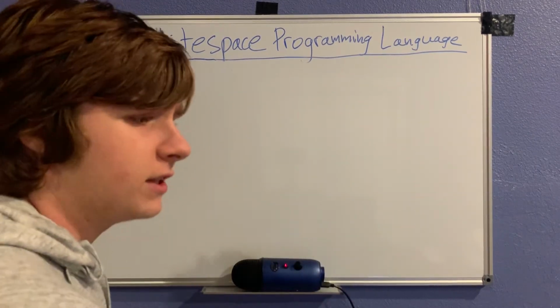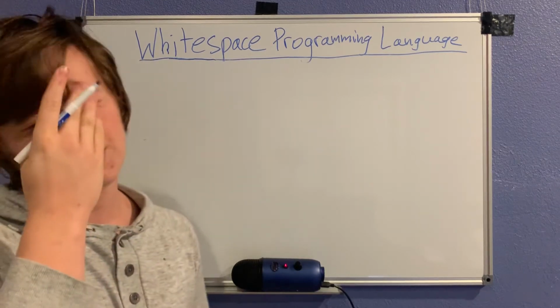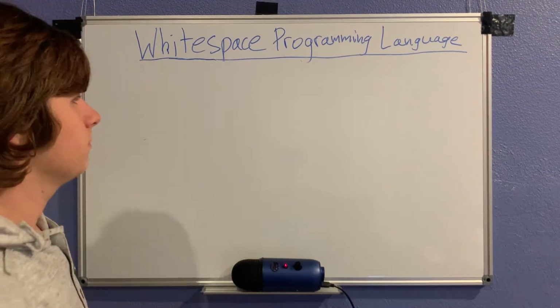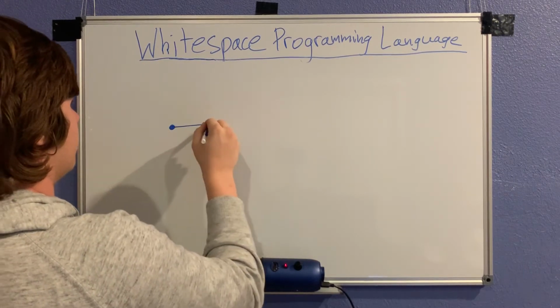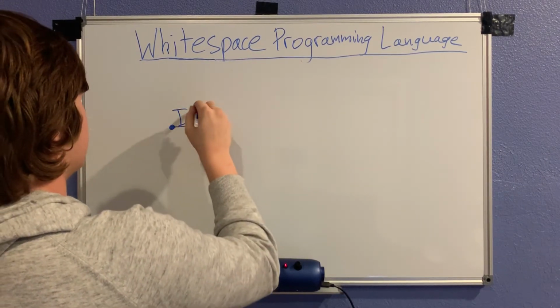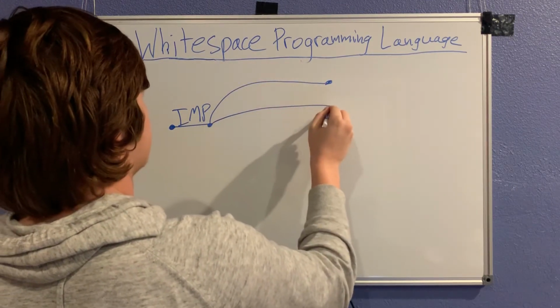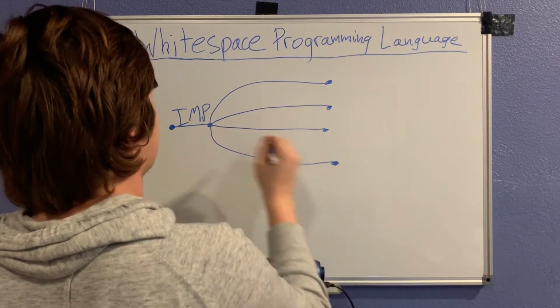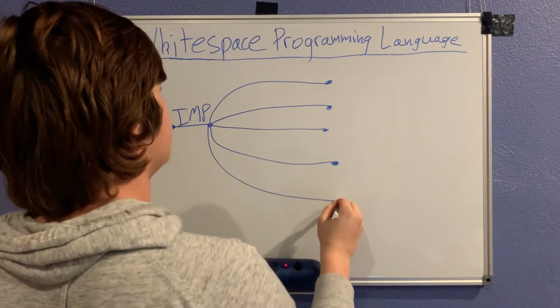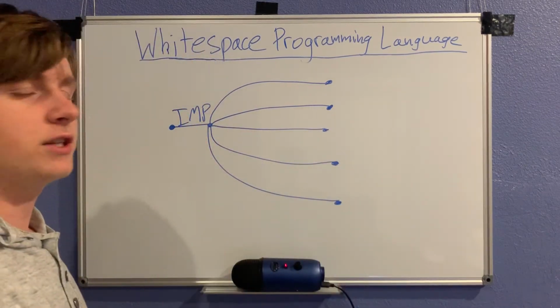So now I'm going to go into the different types of IMPs. There are 5 different types, each doing something different. They're pretty simple, so it's not going to be too bad. So you have the IMP, and since there are 5 types, I will represent it visually like this. And after every IMP, you have the commands specific to it.